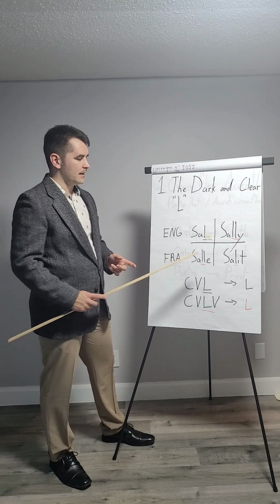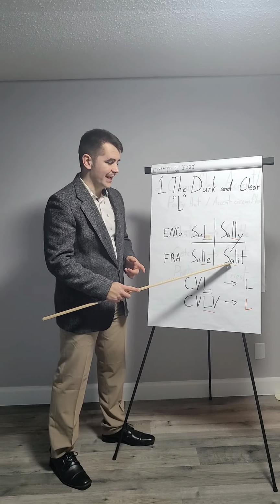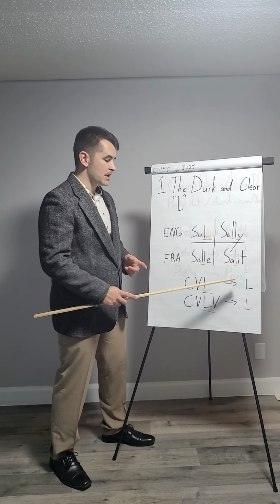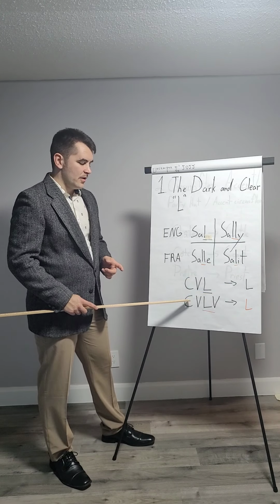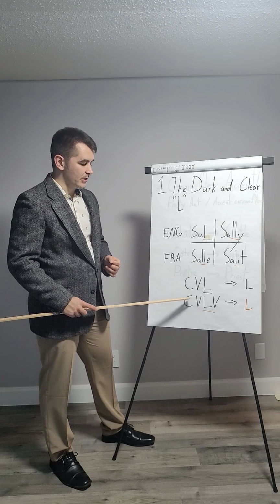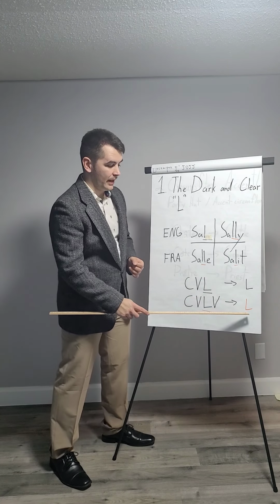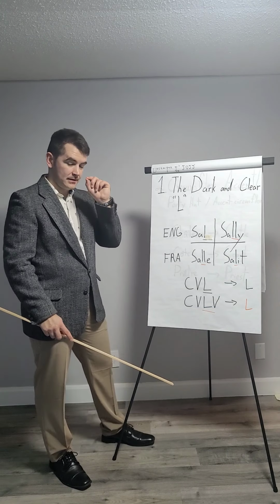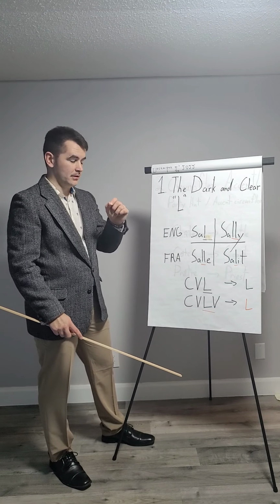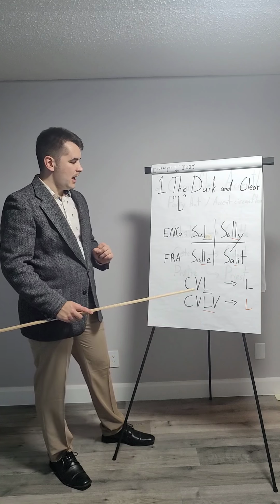So most likely an Anglophone would have no problem saying Sally, because as you have the rule here where you have a consonant, vowel, L, and then a vowel, you apply the clear L. So that's at the tip of the tongue, or the alveolar L.